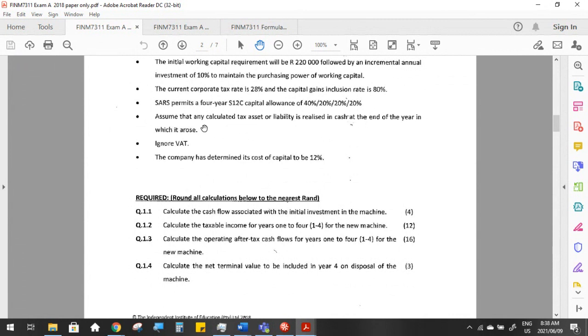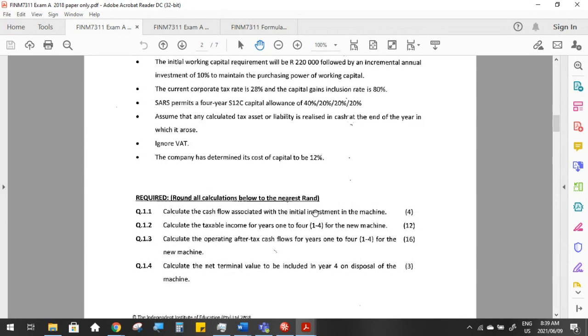So that's just telling you in which year of your 4-year cash flow to include the tax payment. So here they're saying we are going to pay the tax to SARS in the same year in which that tax liability arises. So just watch out for that one, because no matter how often I highlight that to students, they still get it wrong. Ignore VAT, and our cost of capital is 12%.